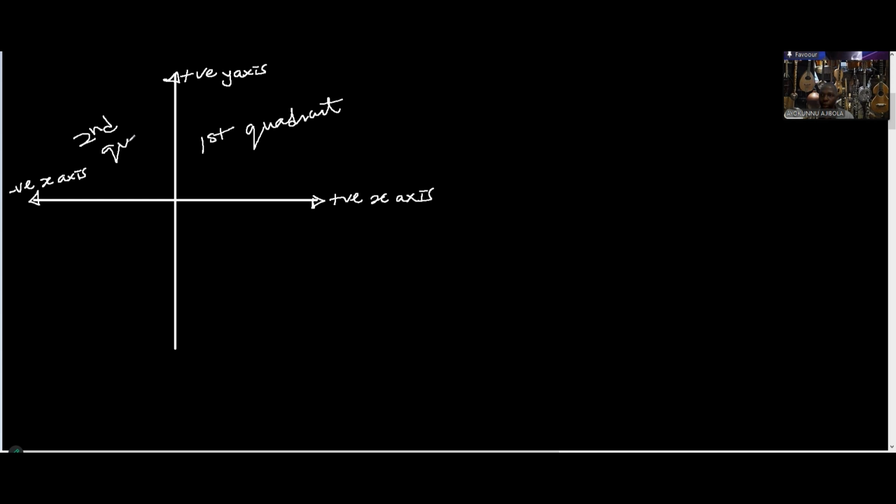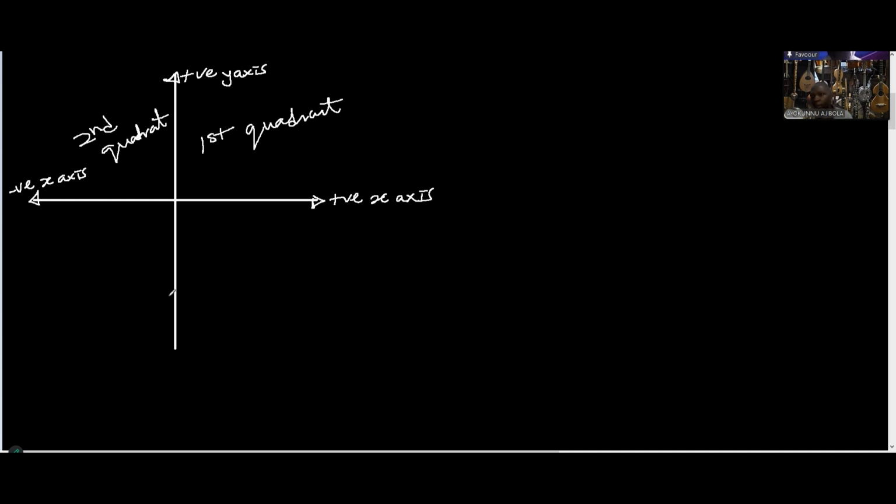But on average, let me just say we have this and this as our Cartesian plane. So this is the positive y axis. This is the positive x axis, while this is the first quadrant. Then this is the negative x axis, and this is the second quadrant.